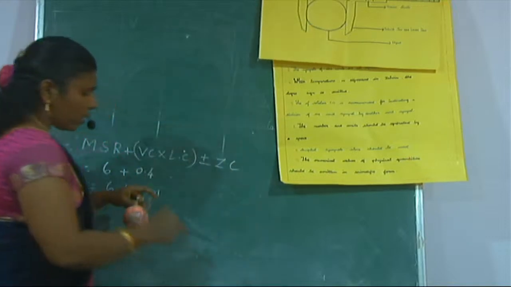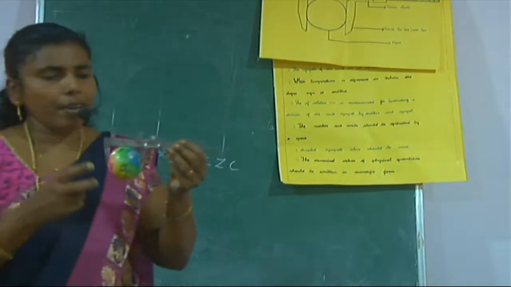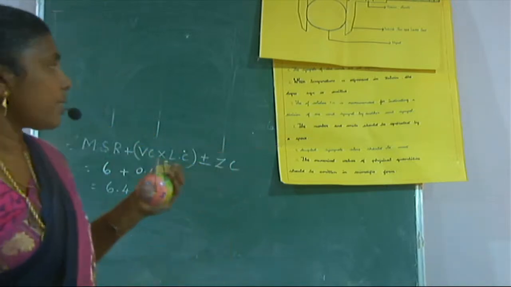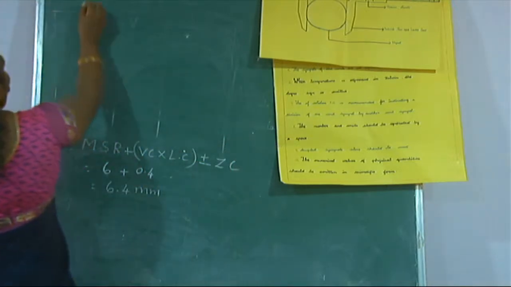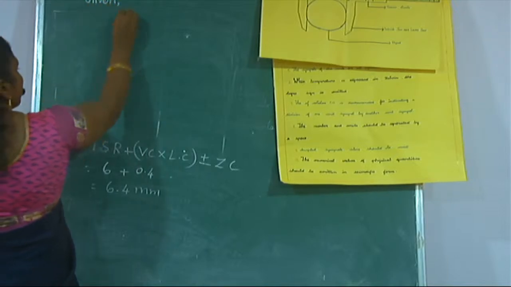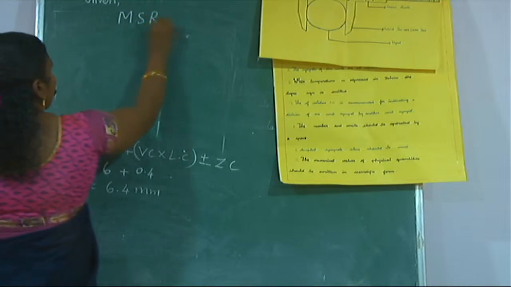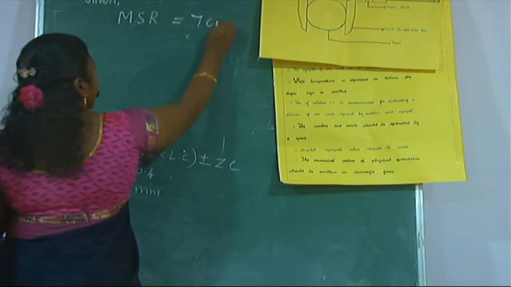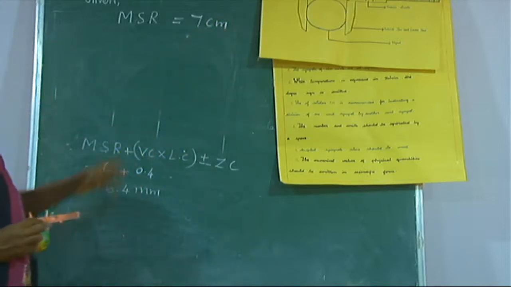See, they have given the main scale reading of a rubber ball. The main scale reading of a rubber ball is given as 7 centimeter. So what is given in the question? You can write it like this: MSR, main scale reading, equal to 7 centimeter. Next, the least count. What is the least count in centimeter? 0.01 centimeter.